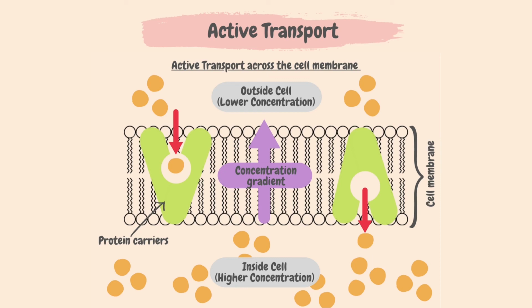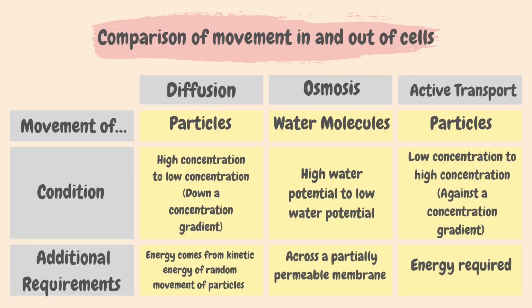Let's take a look at the comparison between the three processes that facilitate movement in and out of cells. In the case of diffusion and active transport, we are talking about the movement of particles, whereas osmosis involves the movement of water molecules. In diffusion, the particles move down a concentration gradient, and in active transport, the particles move against a concentration gradient.